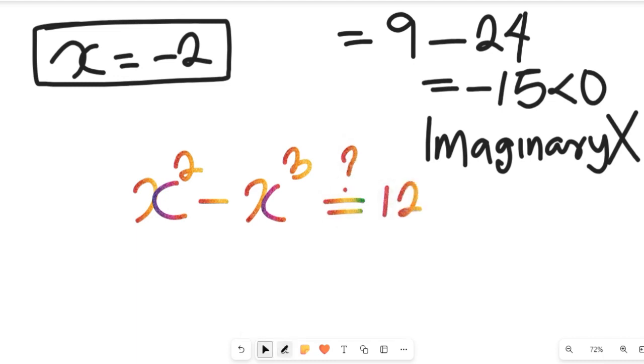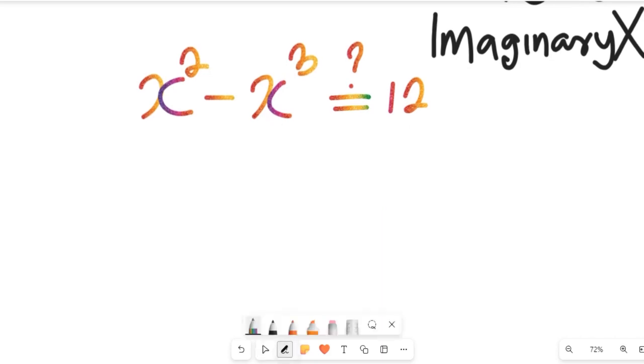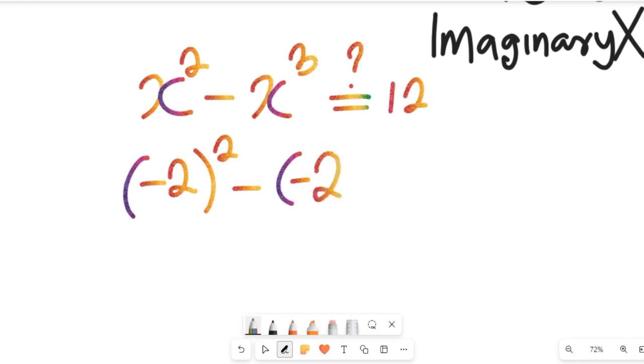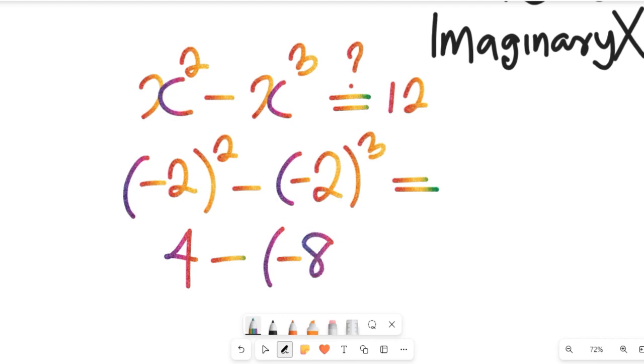Let's test that out. We are going to have negative 2 all squared minus negative 2 to the power of 3. Will it give us 12? Negative 2 squared gives us 4, minus negative 2 to the power of 3, which is negative 8, right?